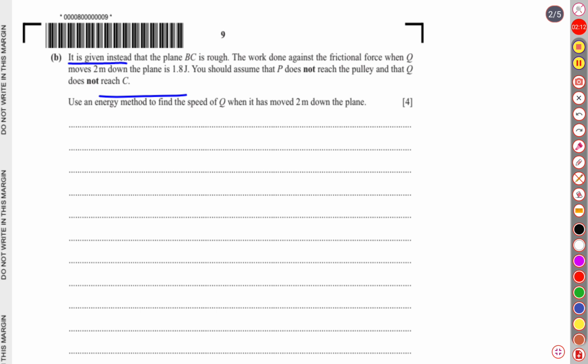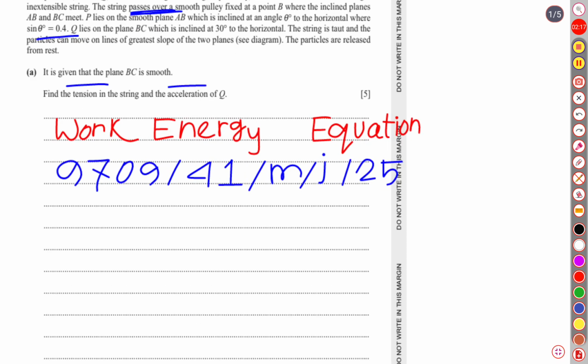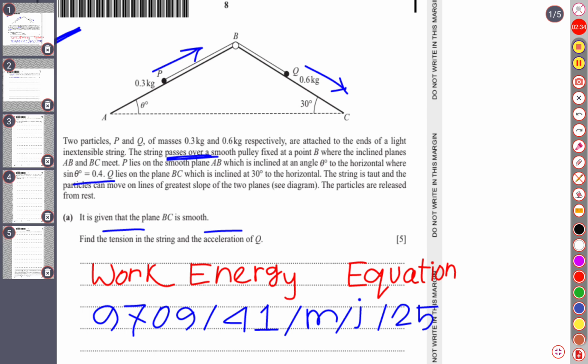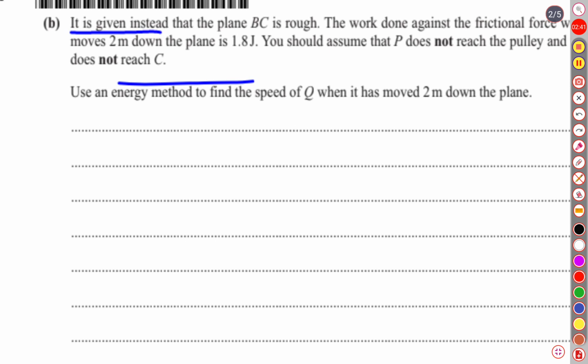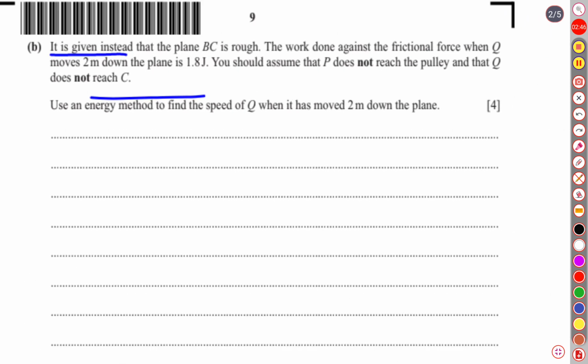So what is the scenario? Let us see. When Q moves down, if Q slides down the slope of the plane, then P will move up. We know the components of the work energy equation are height as well as velocity. So velocity is to be obtained.